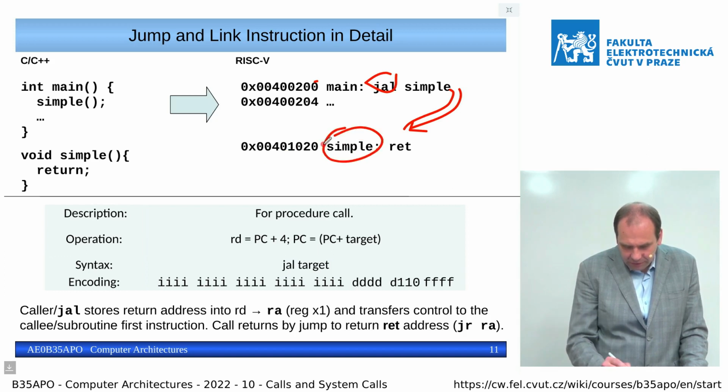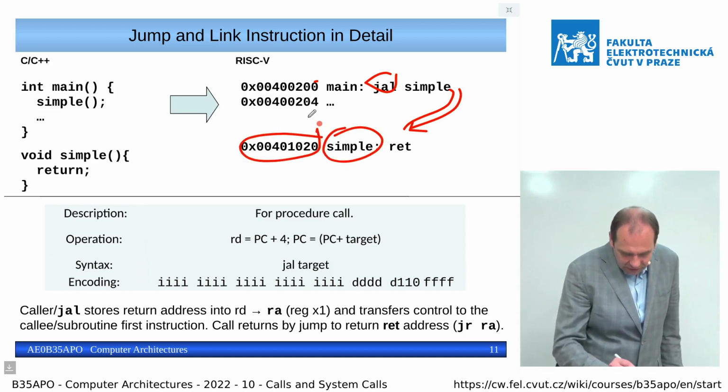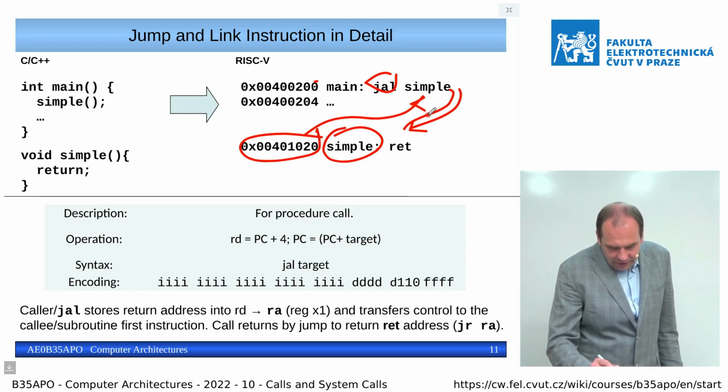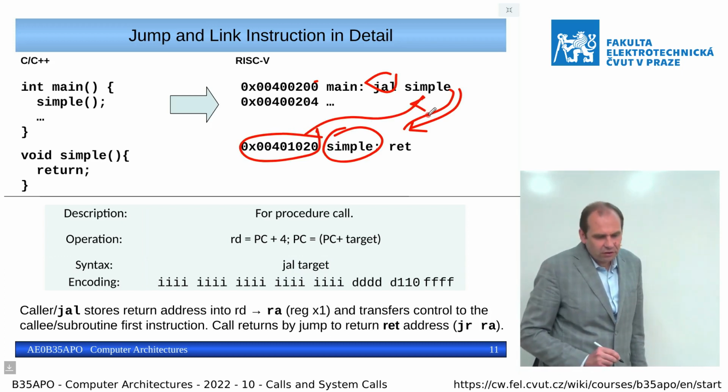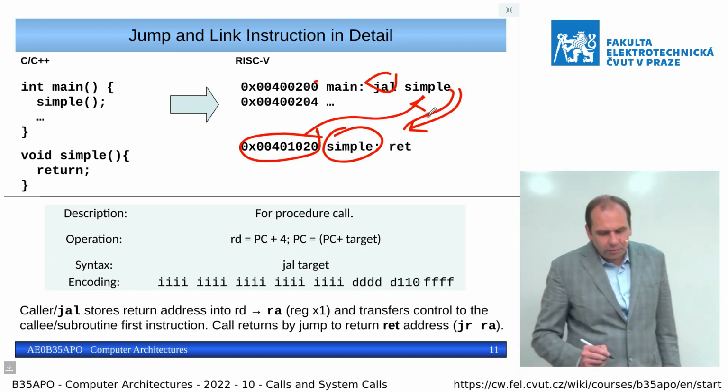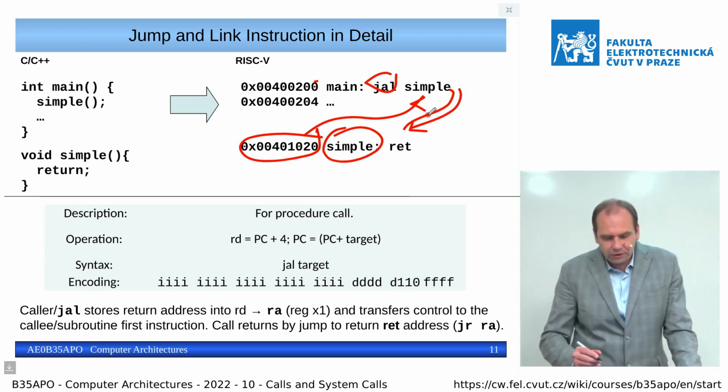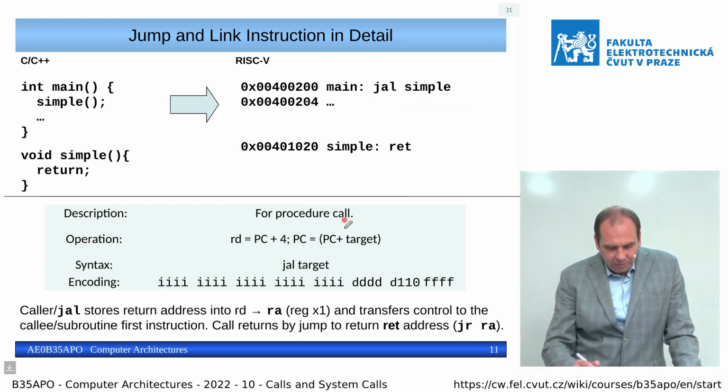So this label defines the address. In the instruction, the whole 32-bit address is not encoded because it would not fit into the 32-bit instruction, but the offset of the target of the branch is encoded.